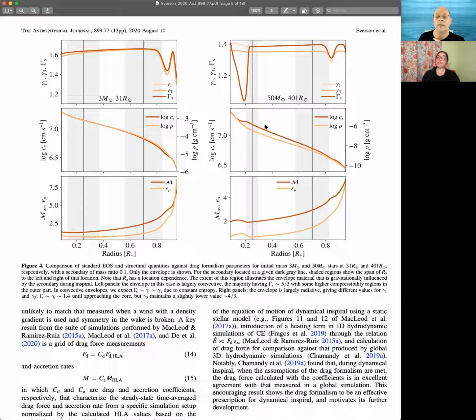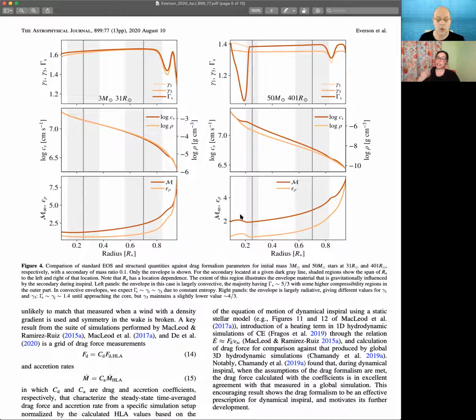And what I found interesting when I was first looking at these plots when I was beginning this work is that if you look at our Mach and epsilon rho values, again, you more or less see the same type of monotonic increase, even though we see that very dramatic drop in the structural gamma in our top panel. That translates to this tiny bump in our Mach and epsilon rho values.